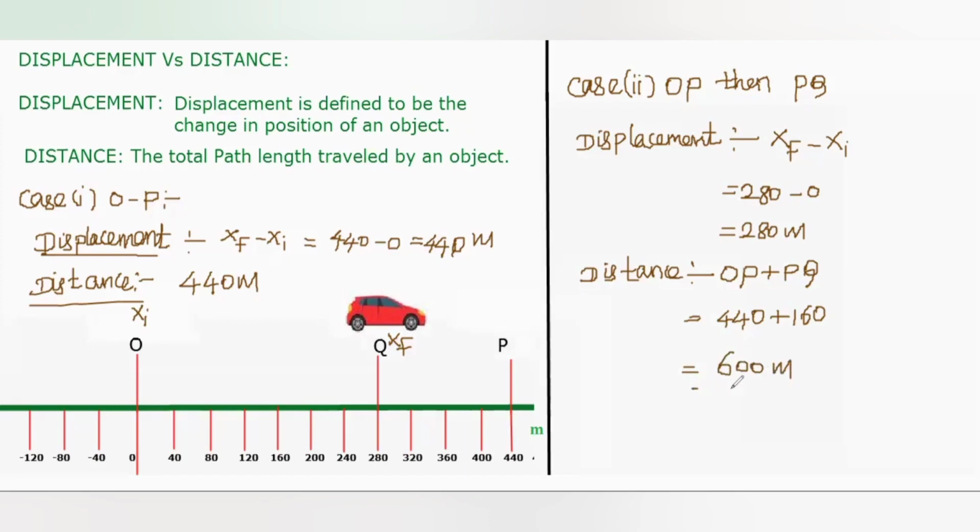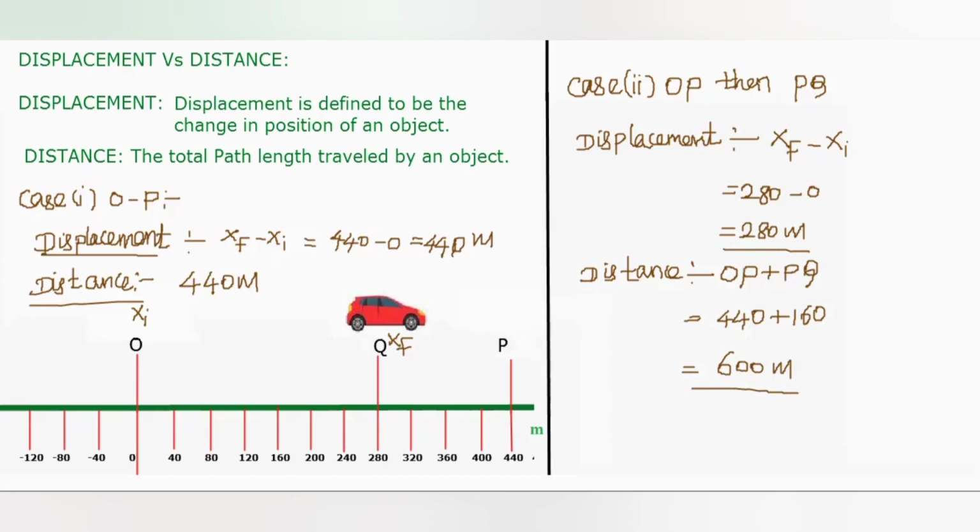So here you can see the distance is 600 meters, but the displacement is 280 meters for the same motion. From this, we can understand that displacement and distance are not necessarily the same in all cases.